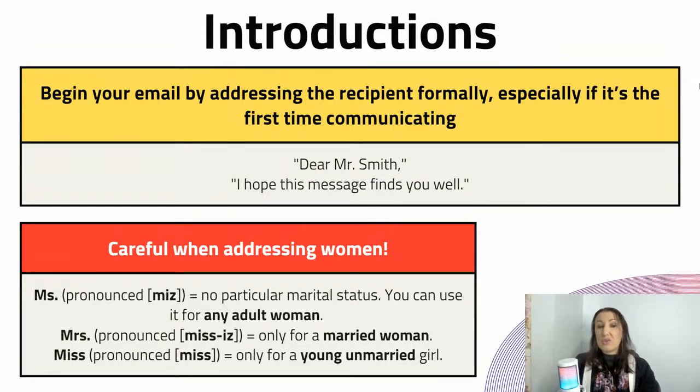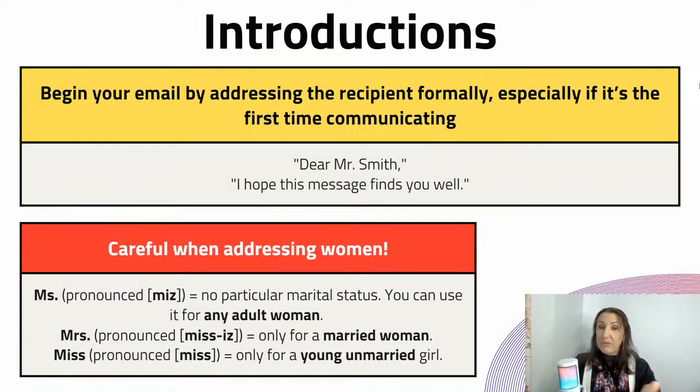So if you want to be particularly, let's say, 100% sure that you are addressing this person the best way, you can use Ms., which is for no particular marital status. Because the other two that you can see there, those abbreviations and words, are used for married or unmarried.